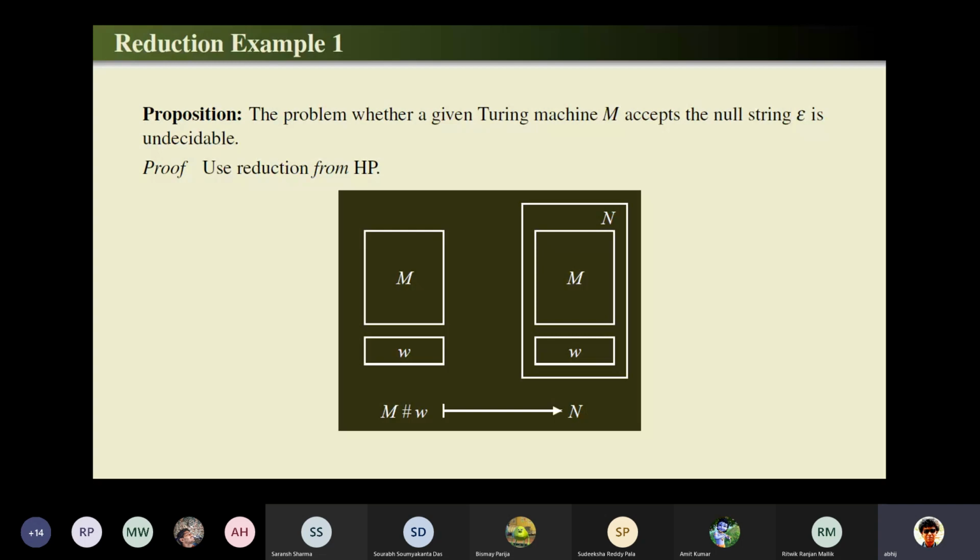I will start from HP, whose instances are of the form M, W or M hash W. And the output is an instance for this new problem where the input is epsilon. I do not need to explicitly mention epsilon. So I will just produce a Turing machine N. Okay.